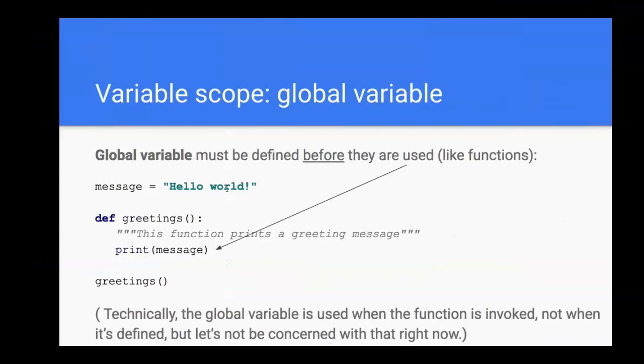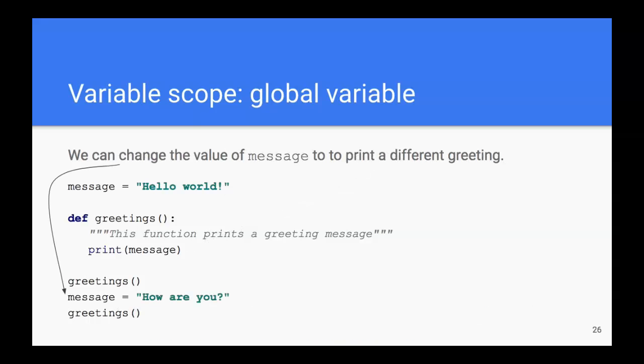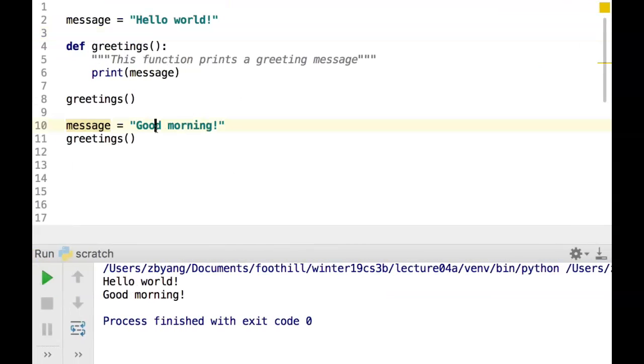Let me finish this slide first. So basically, as we already just seen, we can change the message and greetings will see the new message and print a different message each time.